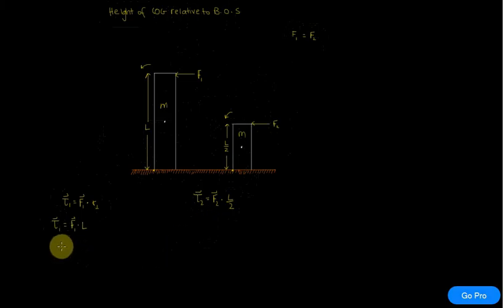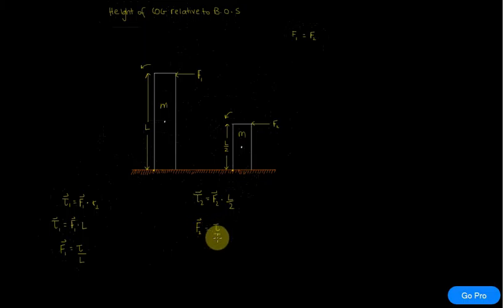So F1, if I rewrite this, is equal to torque divided by length, just redistributing to make F1 the subject of the formula. Over here, F2 is equal to torque divided by length over 2.